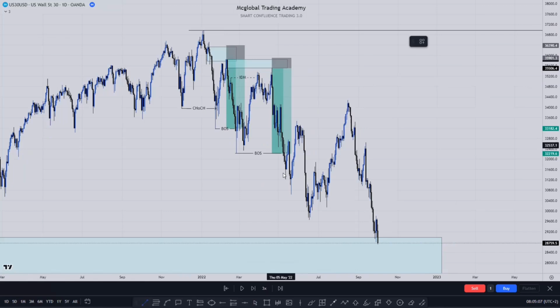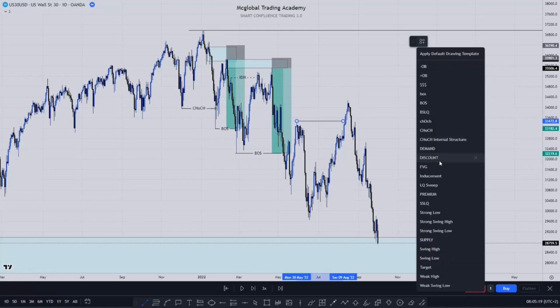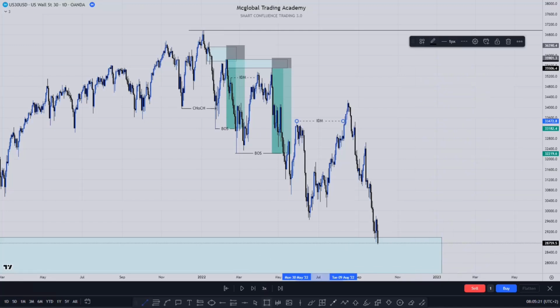So same thing here. Where do we see this was the last leg? They didn't take out the last leg. They came here, they took out this previous leg. That was our inducement in that case. After the inducement, they tap into a zone. They tap into a level, they tap into a zone.